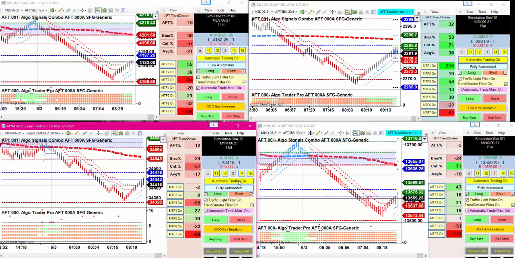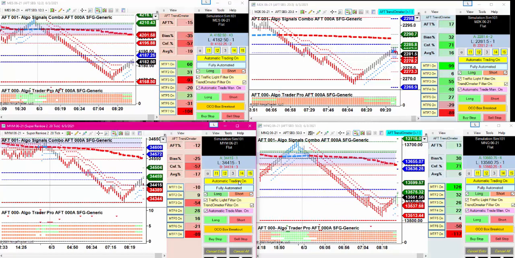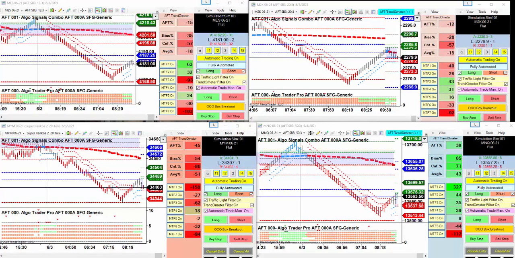We'll just let the AFT take it from here. Let's see what we get at the open, and let's see the Trendometer filter the trade. We shouldn't see any trades to the long side or short side unless our AFT percent is greater or less than 50. You can see the M2K here.